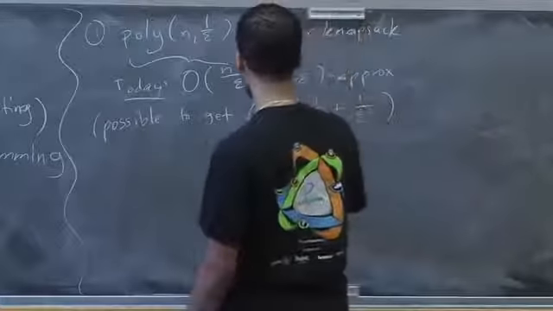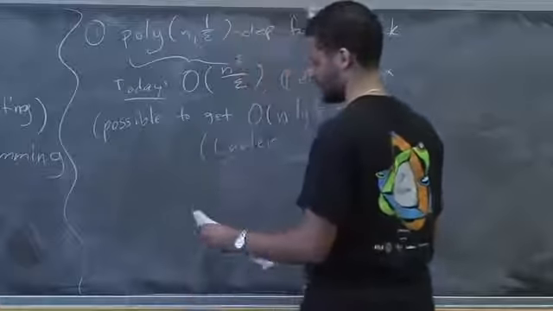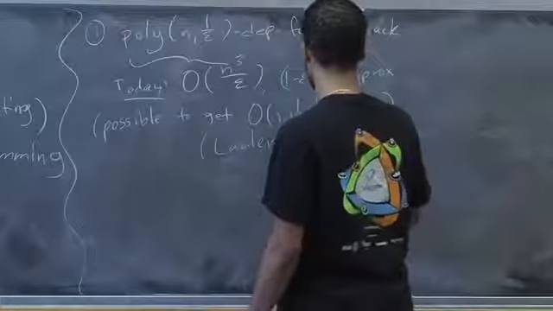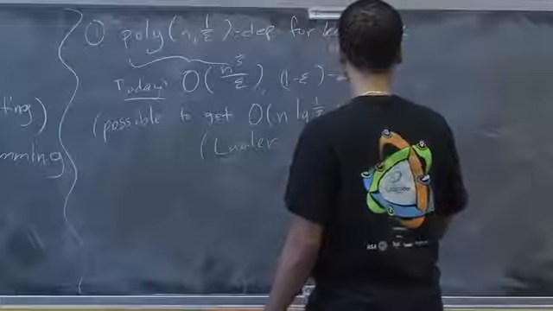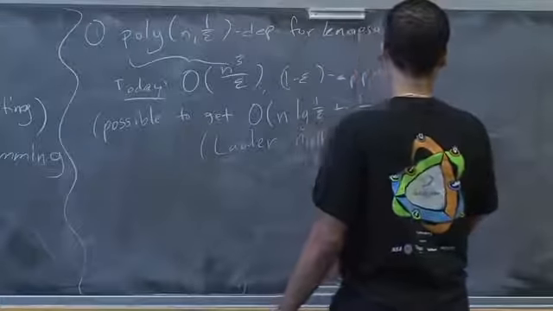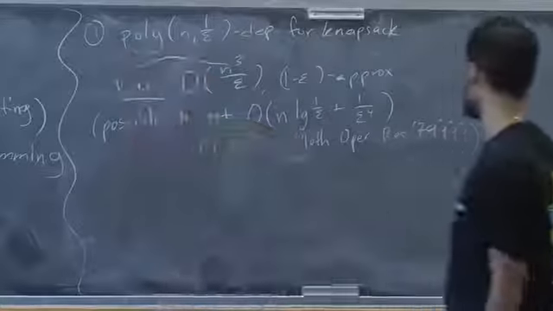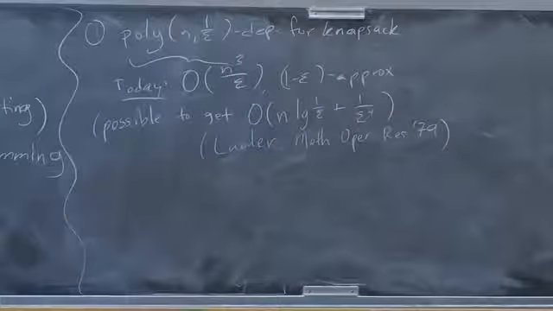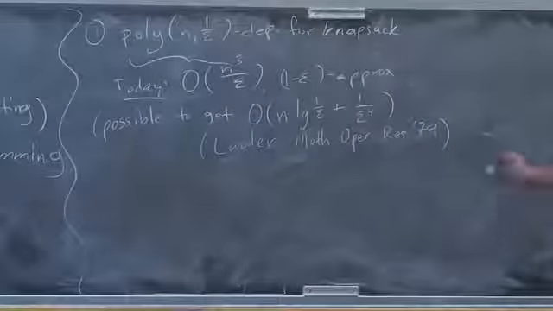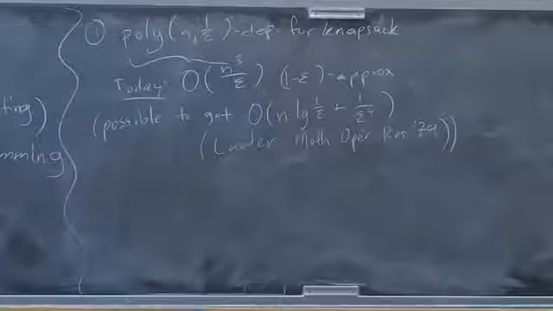This is due to Lawler in '79. I searched around a bit to see if anyone improved on this after '79, but I couldn't find anything. Maybe I just didn't search hard enough. So there you go, if you want a final project. No, I'm just kidding.